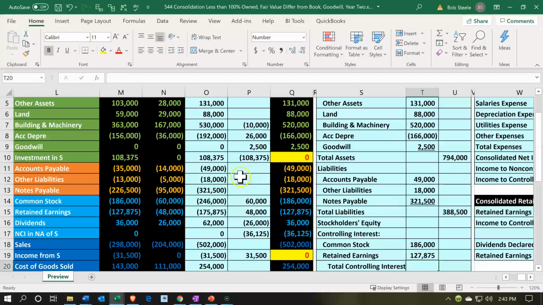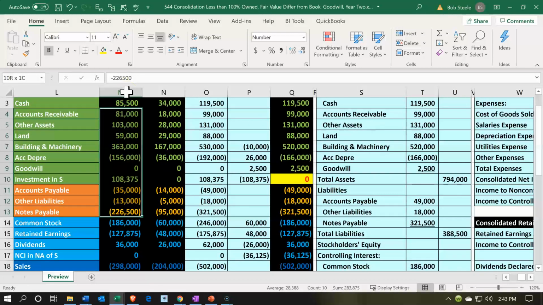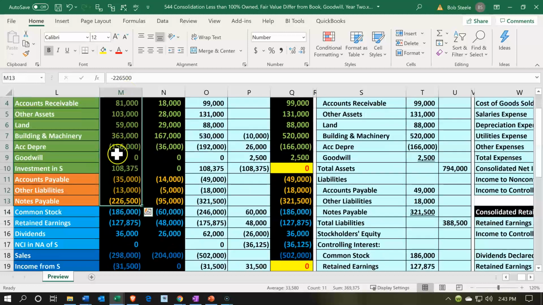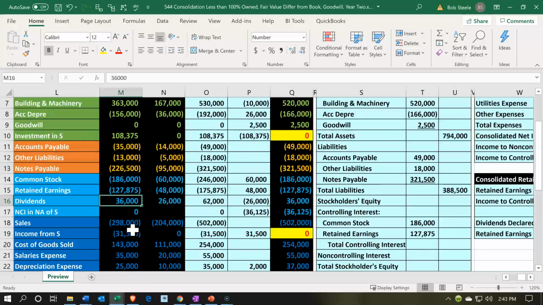And notice, if I go back over here, P's assets minus liabilities, which equals the equity section, is reflecting the fact that one of the assets here is the 108,375, right? So this equity is reflecting their 75% portion, I'm using the equity method. Okay, so then let's sum this up.